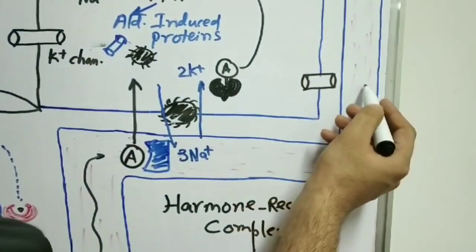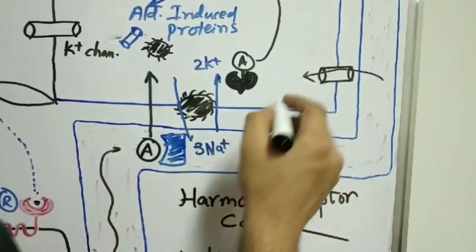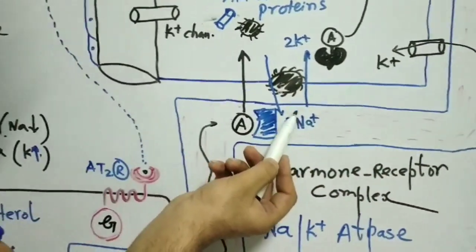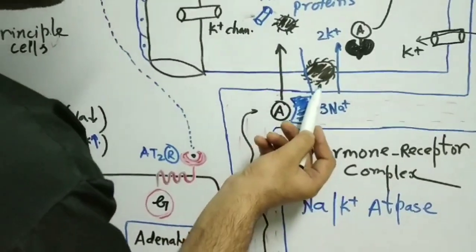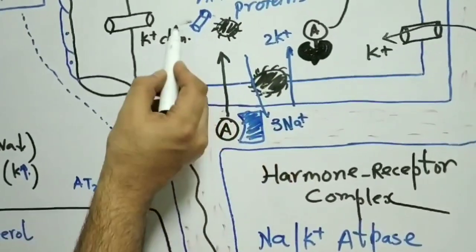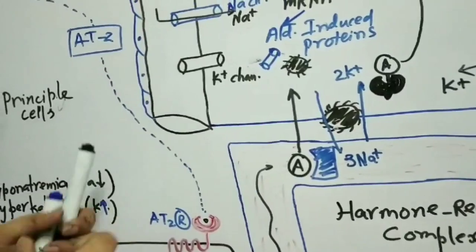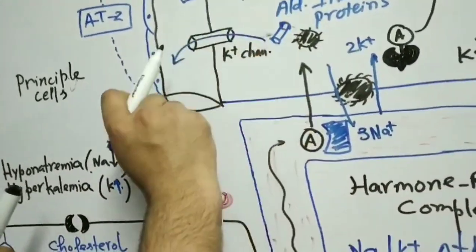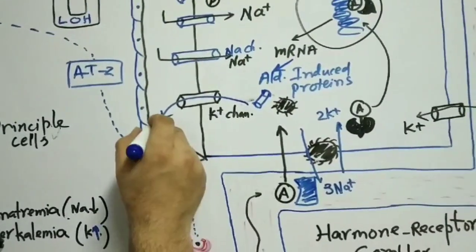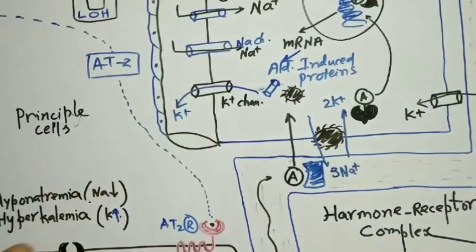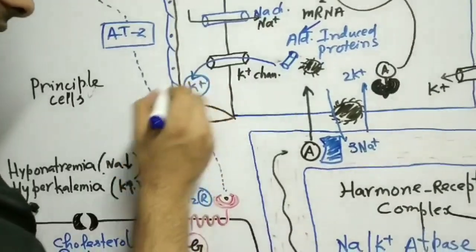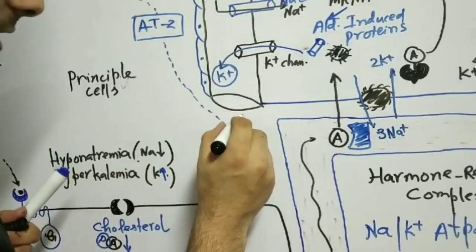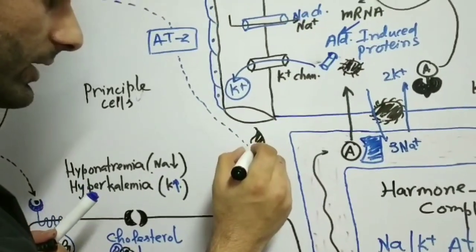The potassium will come in, or potassium can also come through the sodium potassium ATPase. Now the potassium will come out from the principal cell. Here's your potassium. Now this potassium will be excreted out through the urine, here's your urine.